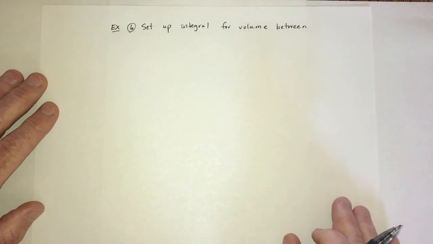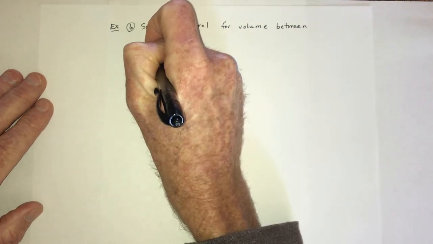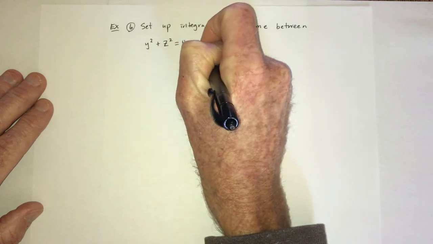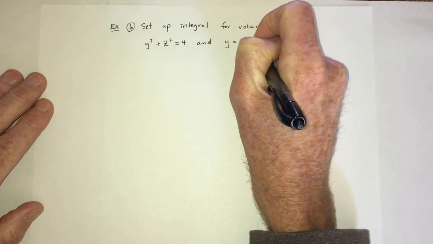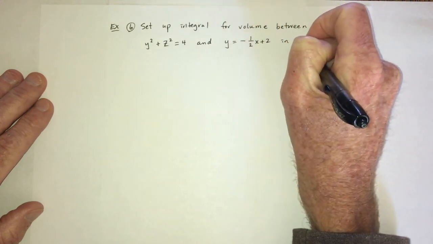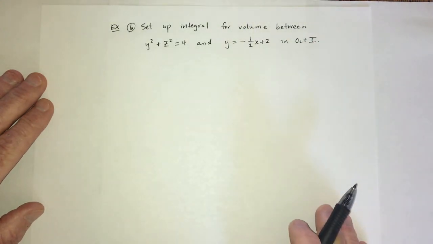Okay, for number 6, we're just going to set up the integral. So set up the integral for the volume between y squared plus z squared is equal to 4, and the plane y equals negative 1/2 x plus 2 in octant 1. So that means use x is positive, y is positive, z is positive.